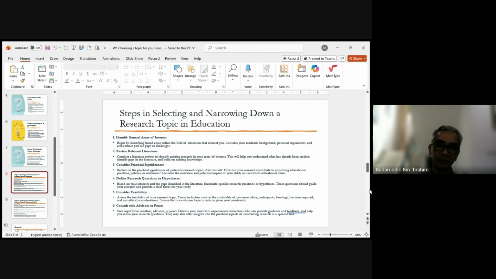And once data collection is settled, you need to come up with another stage, which is data analysis. Even if you use statistics or whatsoever, data analysis also needs time.